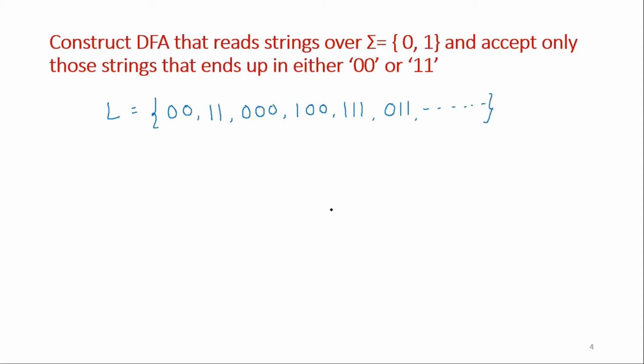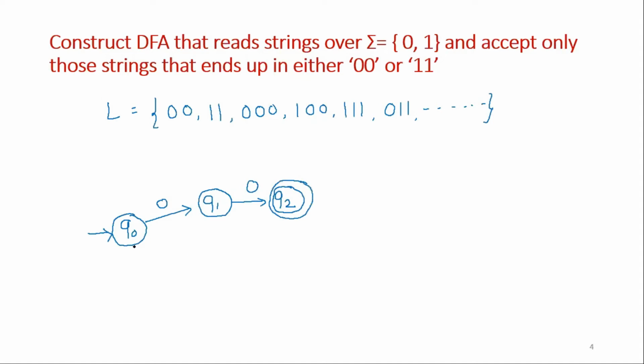So let us construct a deterministic finite automaton for this language. We will start with the initial state, that is Q0. This state Q0 will read 0 and it will go to the next state, that is Q1. Then Q1 will read the next 0 and it will go to Q2, and this Q2 will be a final state.